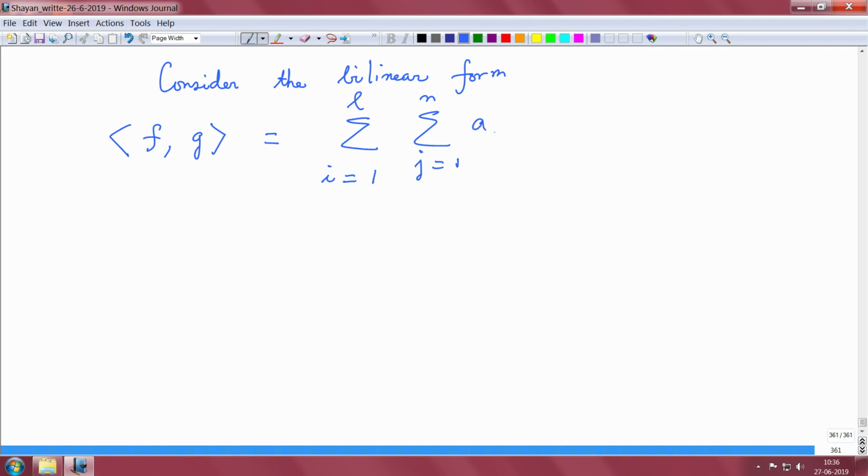So we have a_i, b_j, and then we have this kernel k(x_i, x_j tilde).